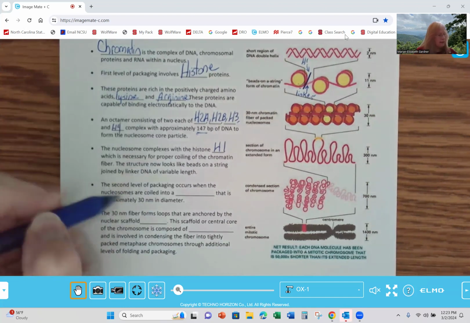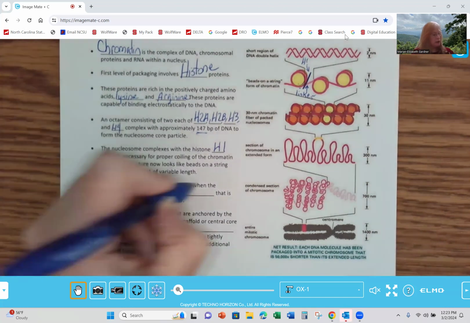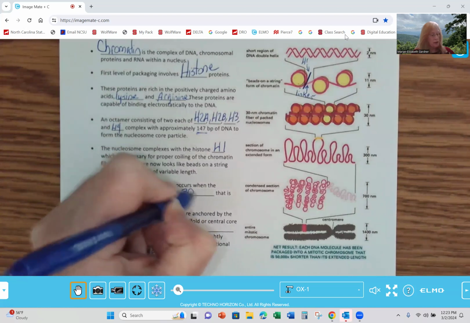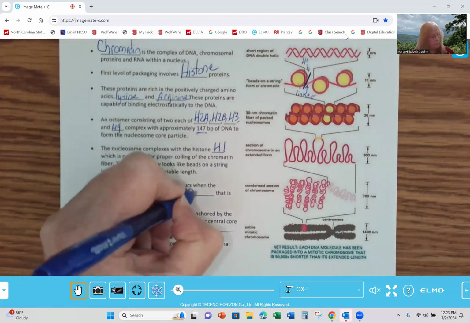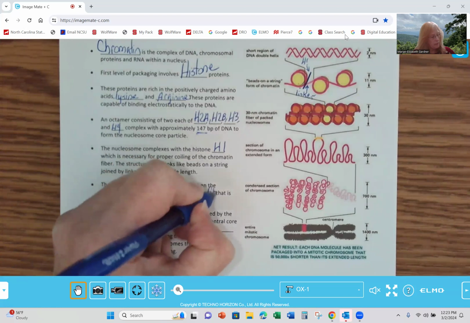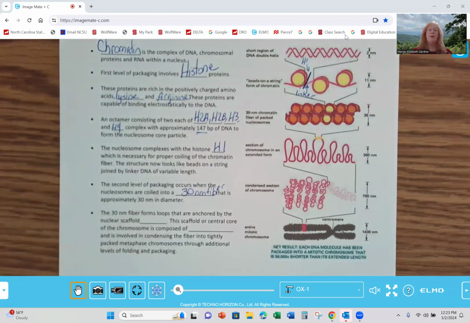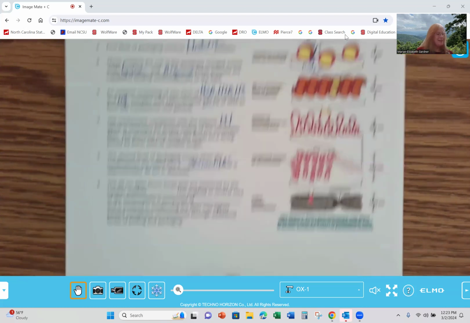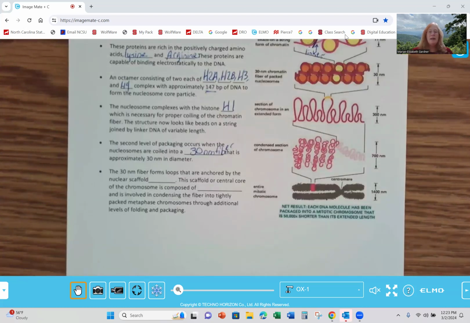So let's see, the second level of packaging occurs when the nucleosomes are coiled into a 30 nanometer fiber. That is, you guessed it, 30 nanometers in diameter. And then those loops of the 30 nanometer fiber are actually anchored by a nuclear scaffold that's composed of non-histone proteins.